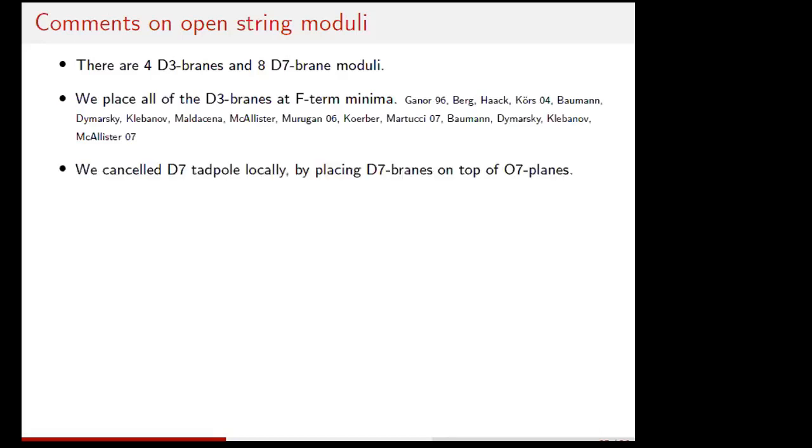And then it was shown that you can place the D3-brane positions at the AdS minimum. Although we did not do it explicitly, in many papers it was shown that you can place the D3-brane at the AdS minima while not encountering any runaway direction.